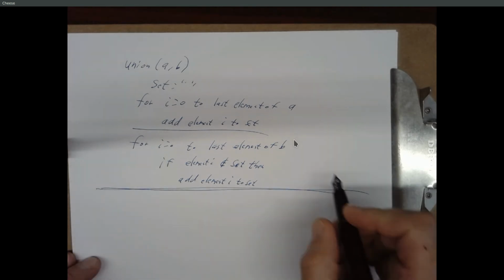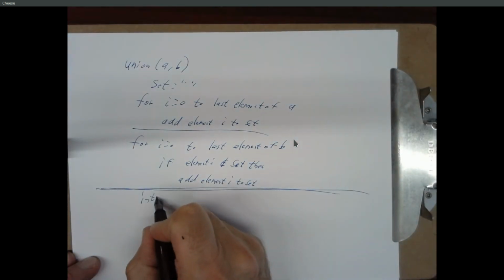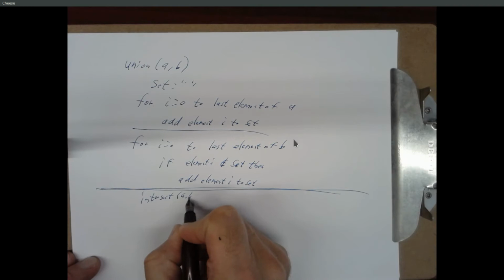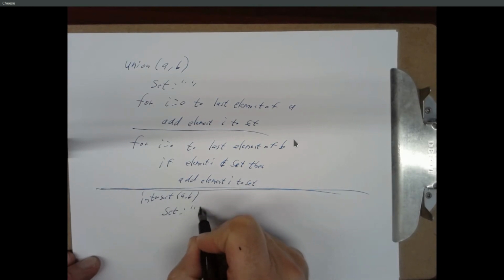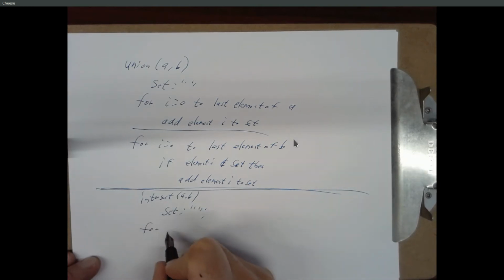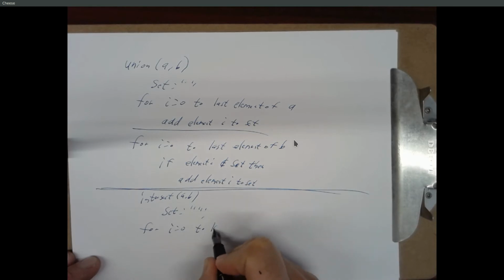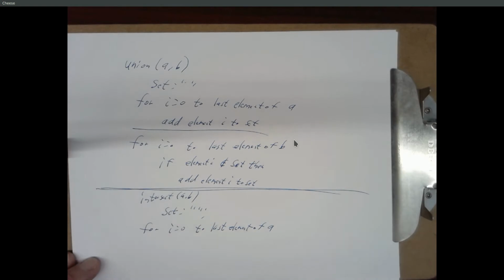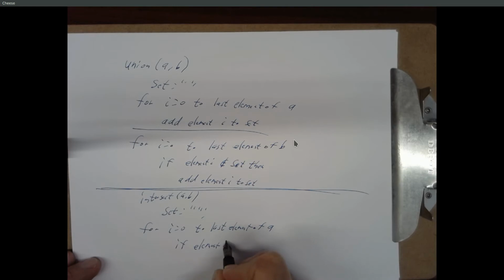How do you do the intersection? So this is union. How do you do intersect? Start with an empty set. For I equals 0 to the last element of A, if element I is a member of set B, then add it to your output set.